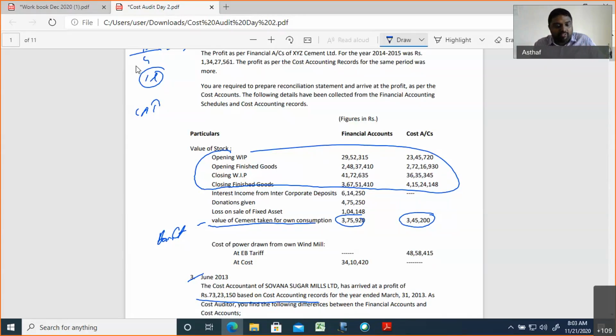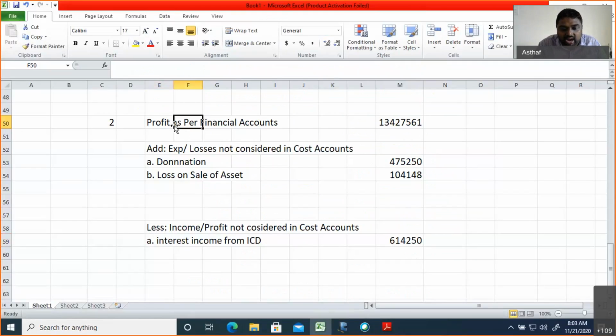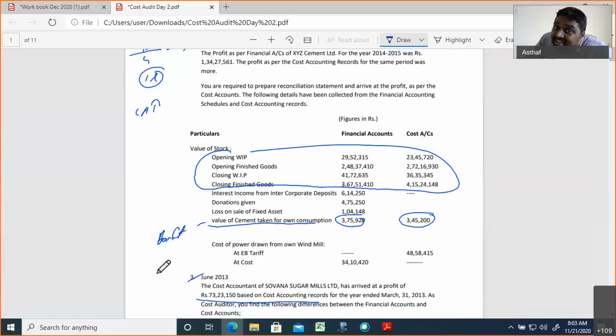So what profit are we finding here? We are starting with financial profit and we are going to find out the cost profit. So what is the theory we have discussed? An item which will increase the cost profit is to be added. An item which will decrease the cost profit has to be deducted. Look here, value of cement taken for own consumption is a benefit.